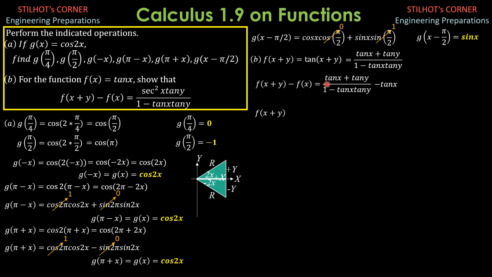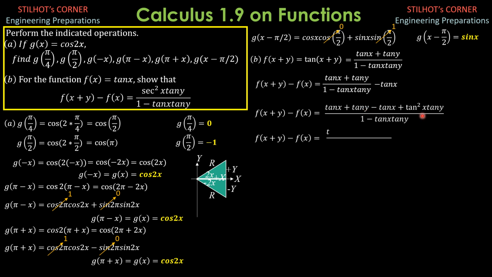So simplifying, this is tangent x plus tangent y minus 1 times tangent x, so minus tangent x, then negative tangent x tangent y is positive tangent square x tangent y, all over denominator 1 minus tangent x tangent y. So we can cancel tangent x and negative tangent x here. So this simplifies to tangent y plus tangent square x tangent y all over 1 minus tangent x tangent y.